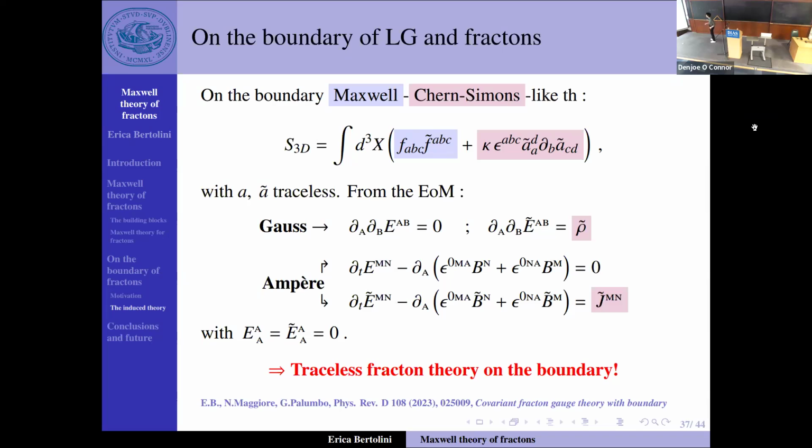You have the Gauss and the Faraday equation, where the Chern-Simons-like term plays the role of fractonic matter, so a rho here and the J here. But again, it's a traceless theory, and the electric field is traceless, so it appears that on the boundary there is a traceless fracton theory, the one I mentioned at the beginning, with the constrained dipole movement.